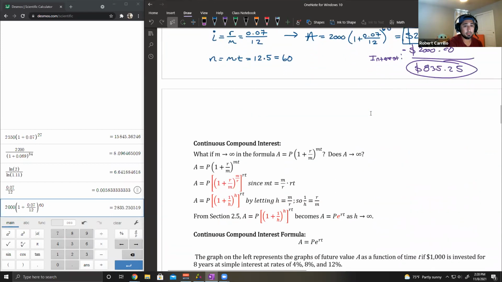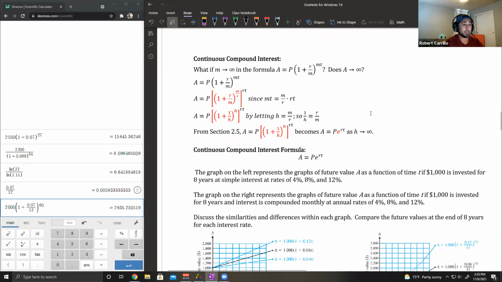All right. So that is compound interest. Next is continuous compound interest. This says, hey, what if your invested money is making interest, is getting invested every second, every minute, every hour, every day for x amount of years?